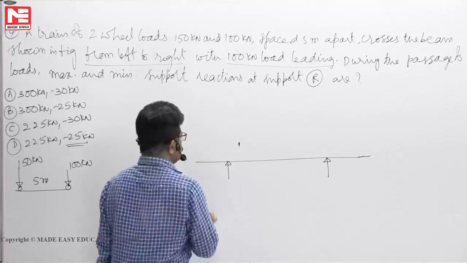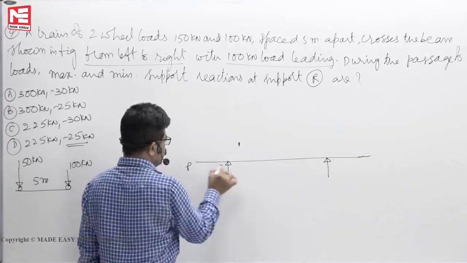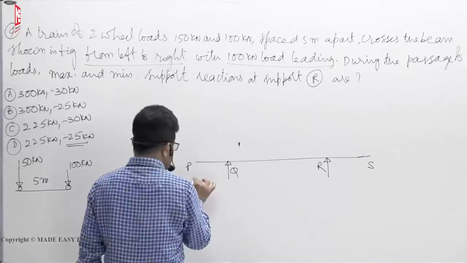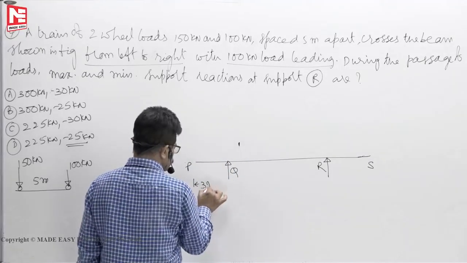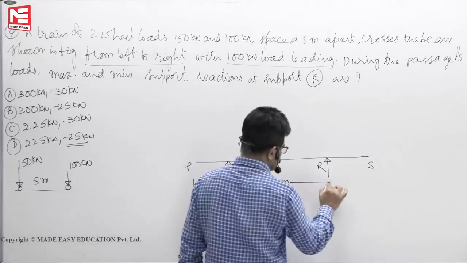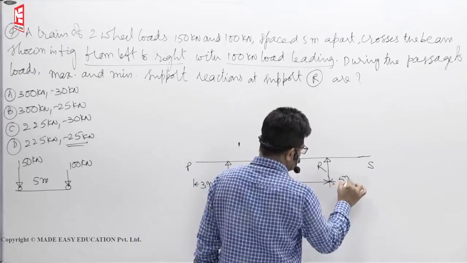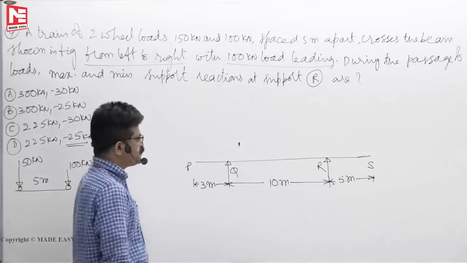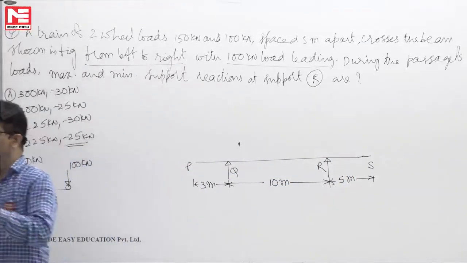Okay, this is the beam they have given. This is P Q R S. This length is 3 meters, 10 meters, 5 meters. This is the one. Maximum and minimum reactions at the support R we have to find.